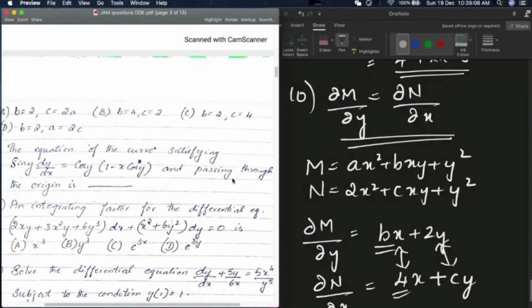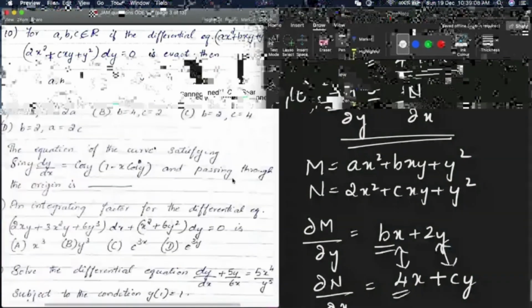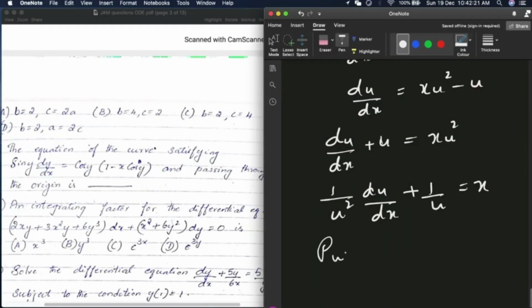So I get 1 by u square du by dx plus 1 by u is equal to x. So I can put 1 by u is equal to some v. So it becomes linear in v. That's it.